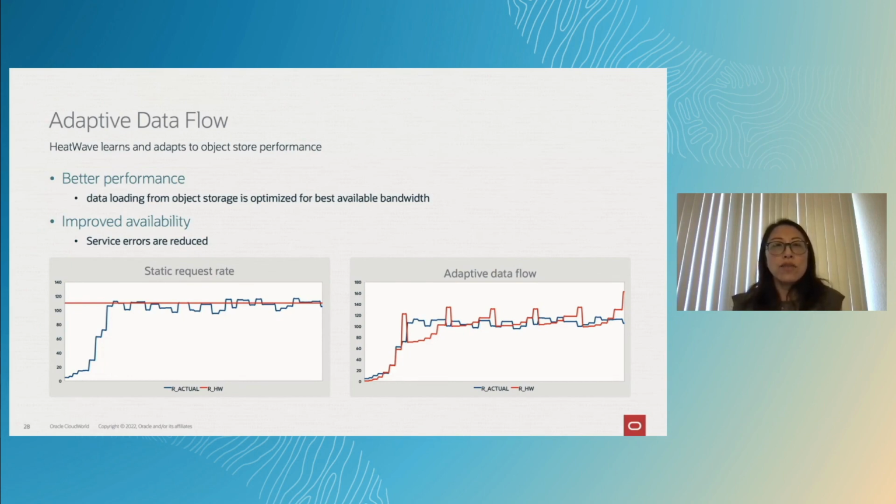So with adaptive data flow, we adapt to the performance of the object storage to adjust our request rate. This allows us to reduce the number of errors, improve availability, and also improve the overall performance.